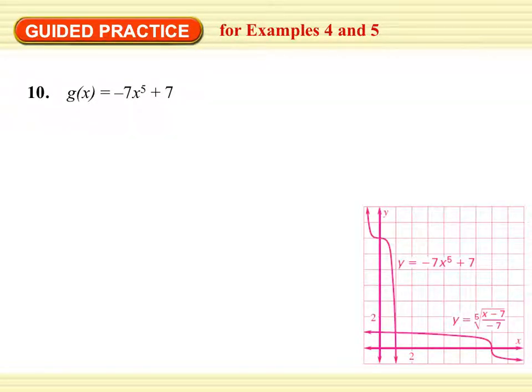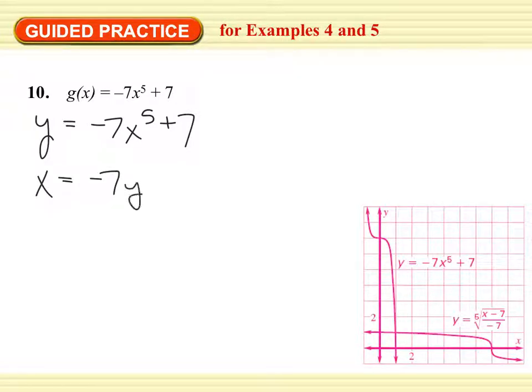Okay, last one. Sorry about that. Y equals -7x to the 5th plus 7. You guys are getting all kinds of practice. Exchange your variables first. X equals -7y to the 5th plus 7. Subtract 7 from both sides.